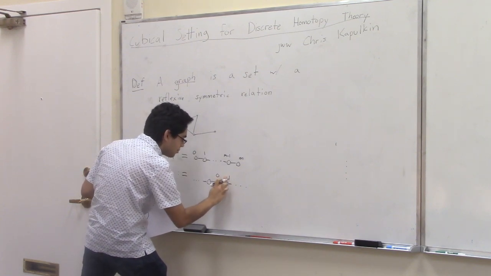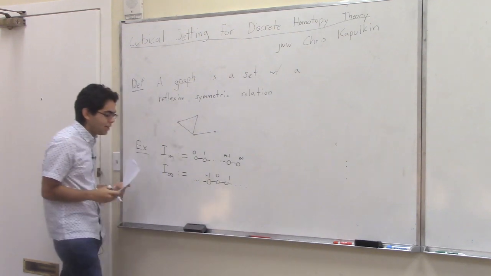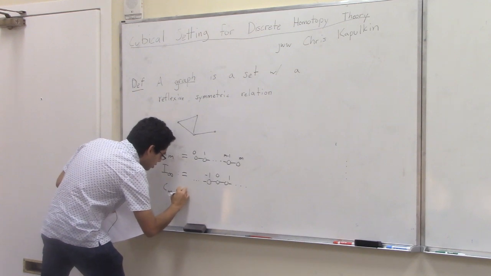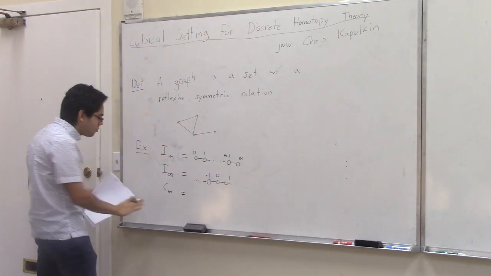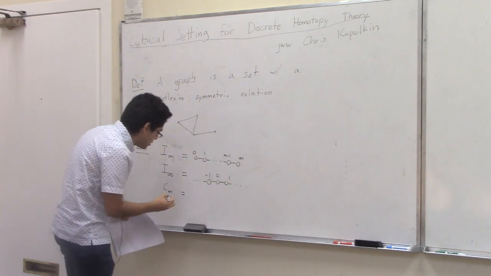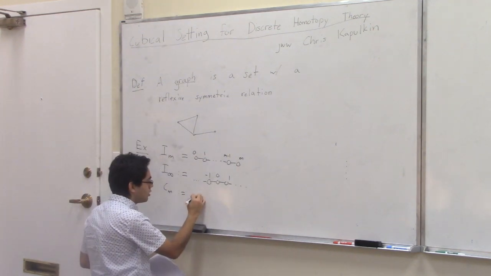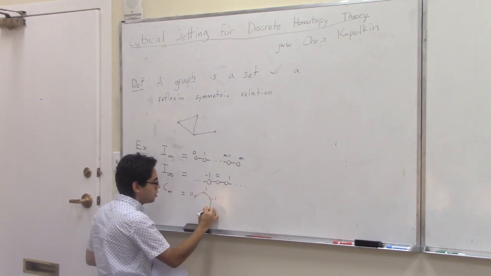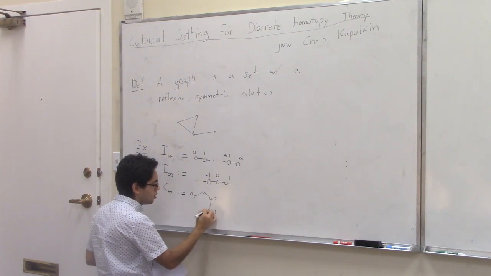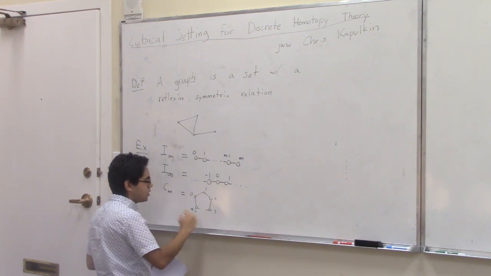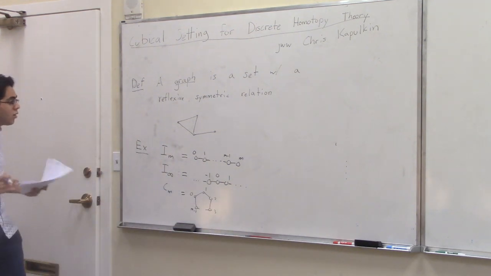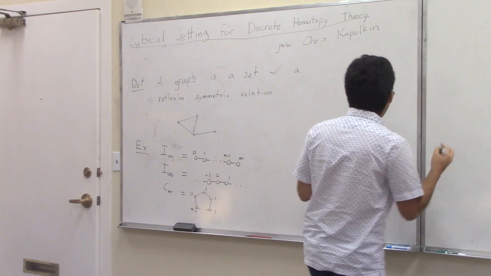And for a positive integer m, I'll define the cycle of length m to be the graph whose vertices are the integers from 0 to m minus 1, connected in a cycle. OK, so those are some happy graphs.